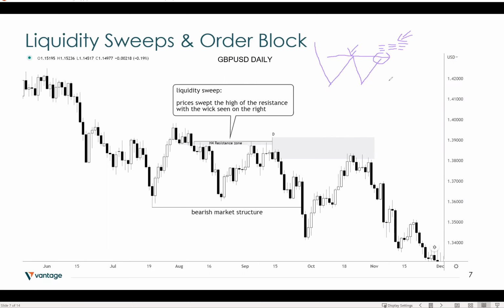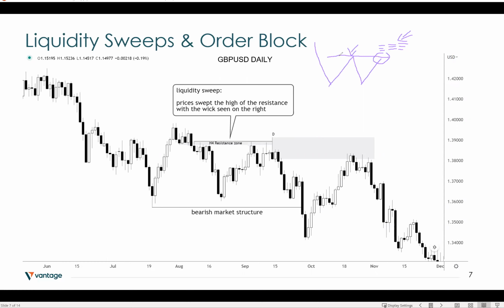What we term this area, imagine this lot of orders here, is what we call liquidity. The idea of liquidity is basically an area where you have a lot of orders lying. So this is the liquidity lying slightly above this key resistance area that we have here.